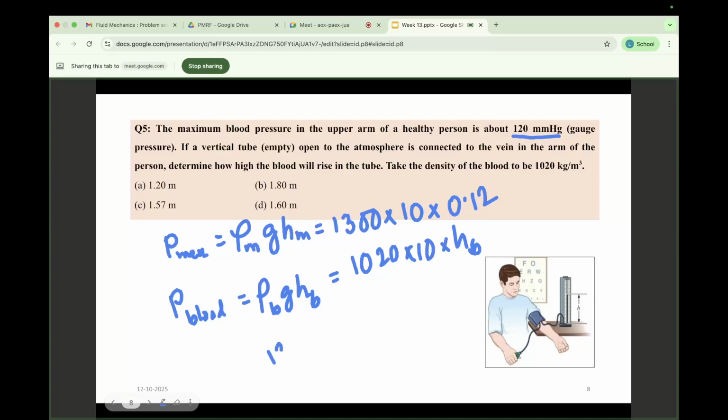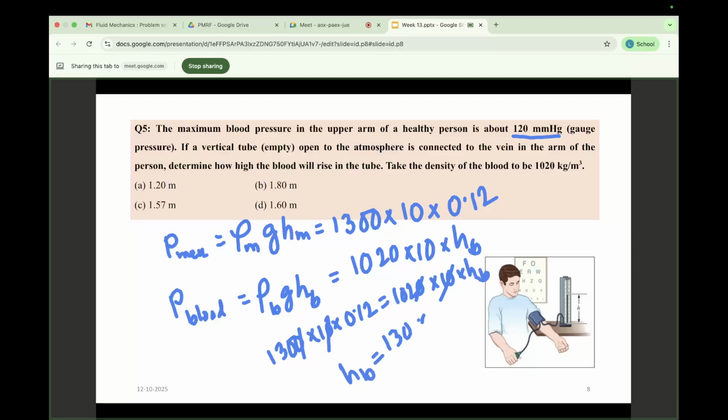So as both are equal, if I equate both sides, hb is 130 into 0.12 by 102. This is 1.6 meter.